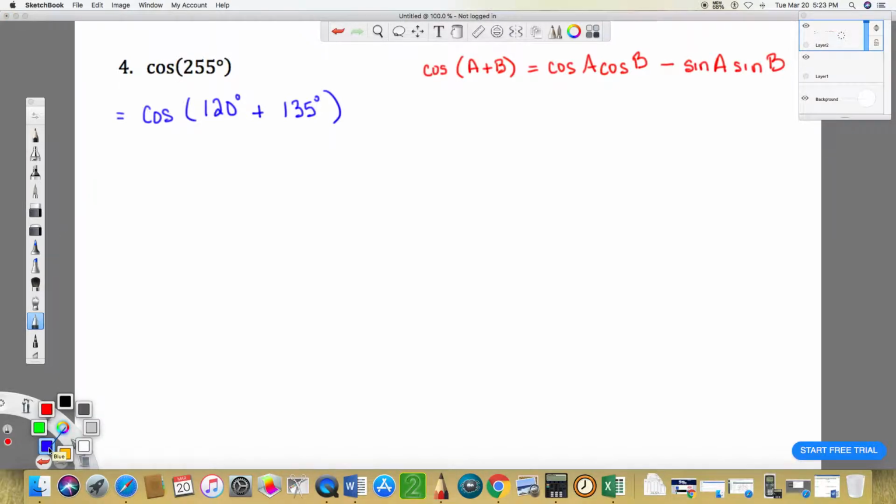All right, so we've got the cosine of 120 times the cosine of 135 minus the sine of 120 and the sine of 135.